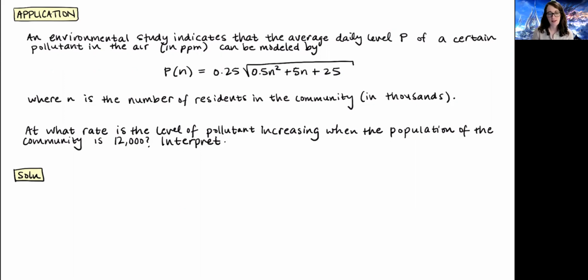So this question asks, at what rate is the level of pollutant increasing when the population of the community is 12,000? And then we would like to interpret our results.